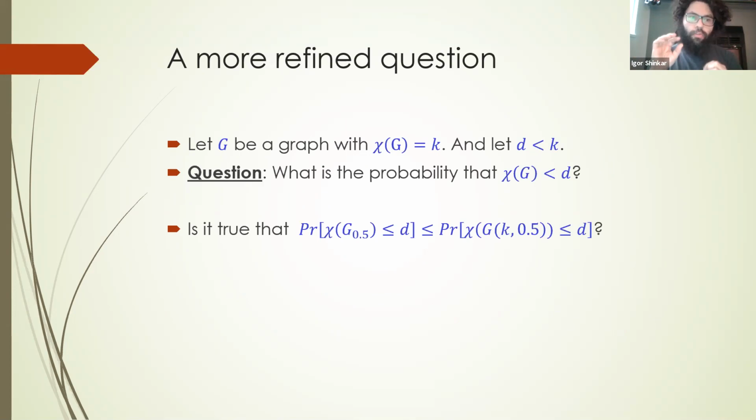Is it true that for the complete graph the probability that it's small is always larger than for the other graph? What do we want to show? We want to show that the chromatic number of G1/2 is always more than what happens for the complete graph. Maybe we want to show it for every D separately.